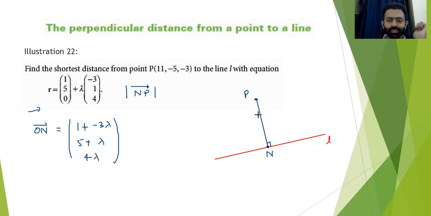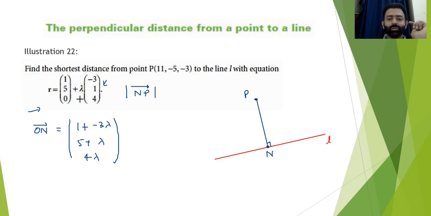Now it says that NP is perpendicular to line L. In the last video, when we talked about the angle between two lines, we only considered the direction vector.